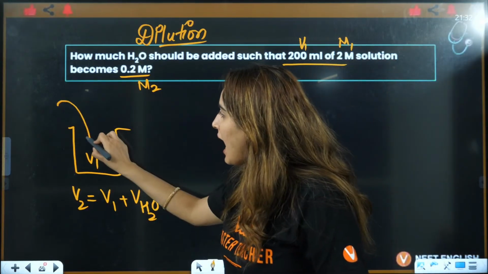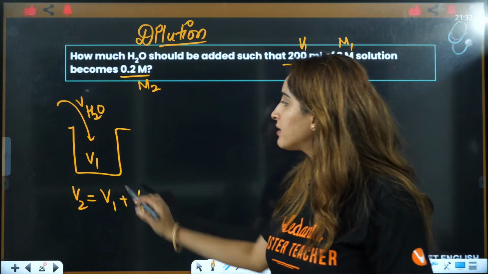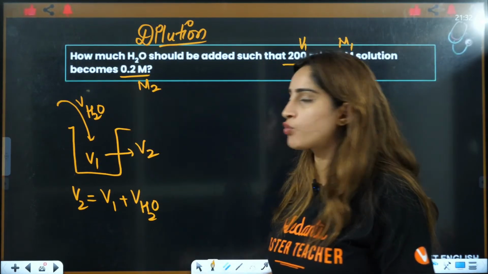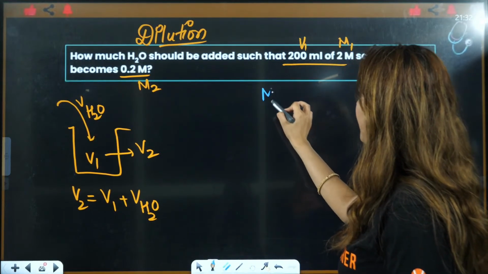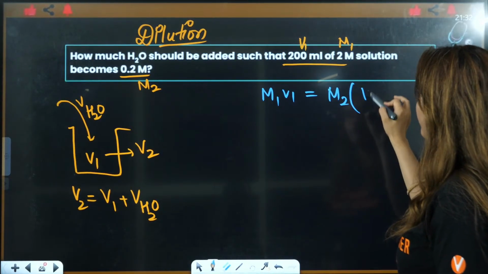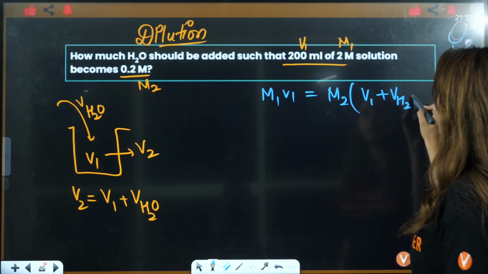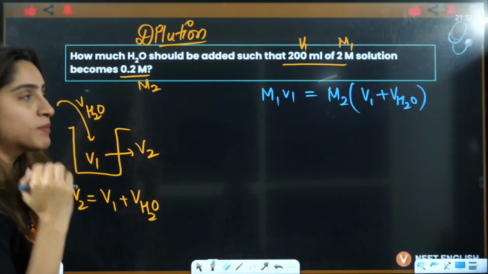When you add water, volume V of water, then this becomes V2. That means you should remember that M1 V1 is equal to M2 into (V1 plus V of water). It's not V2. What is V2? V1 plus V of water.